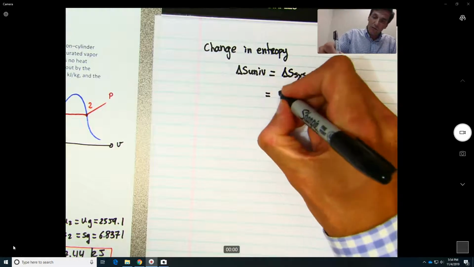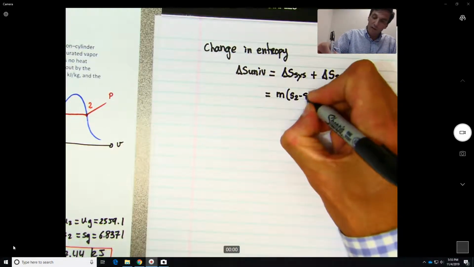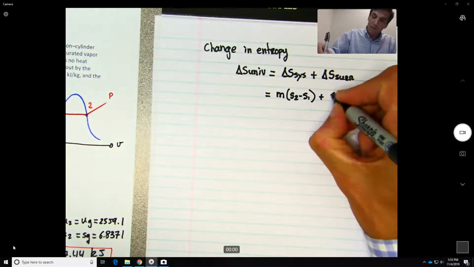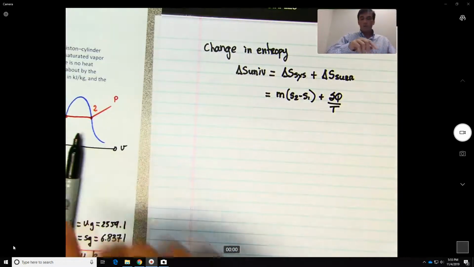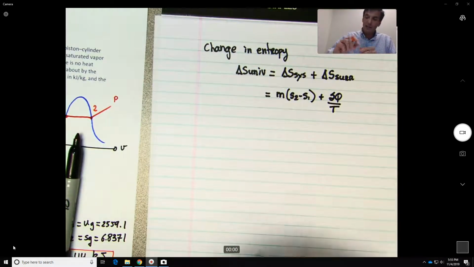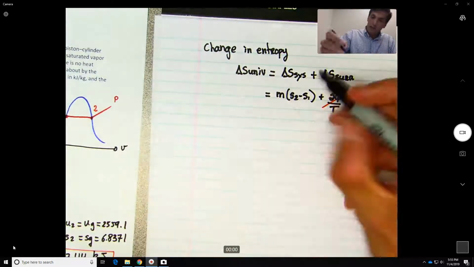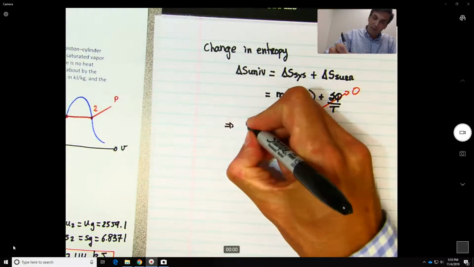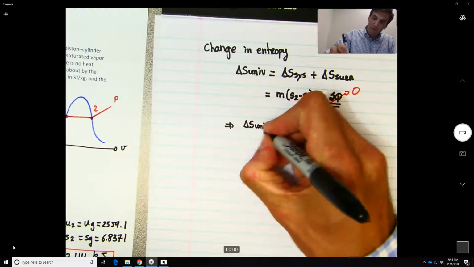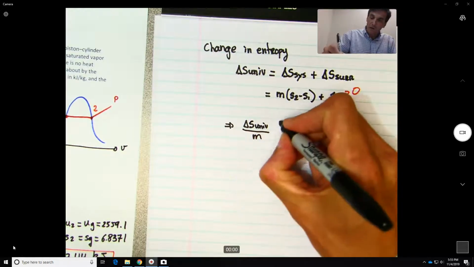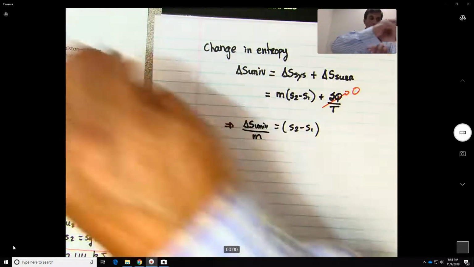So this is equal to m (S2 minus S1) plus the delta Q over T. But in this problem, the delta Q is 0. So at the end, we can say that the change of entropy per unit mass will be equal to S2 minus S1.